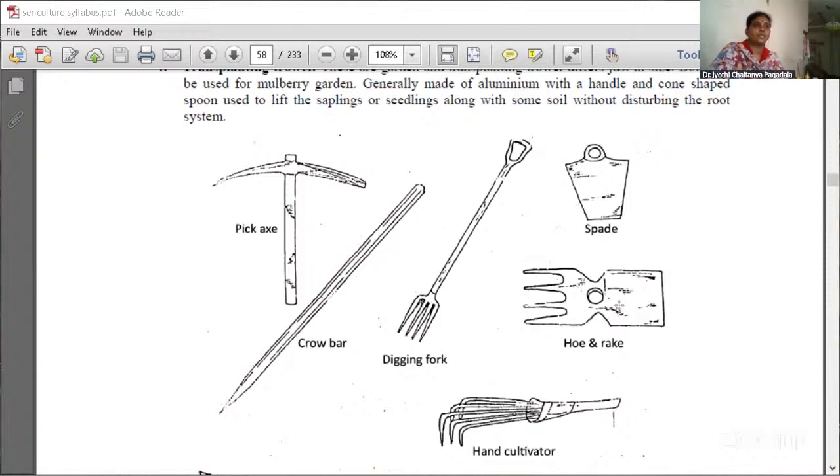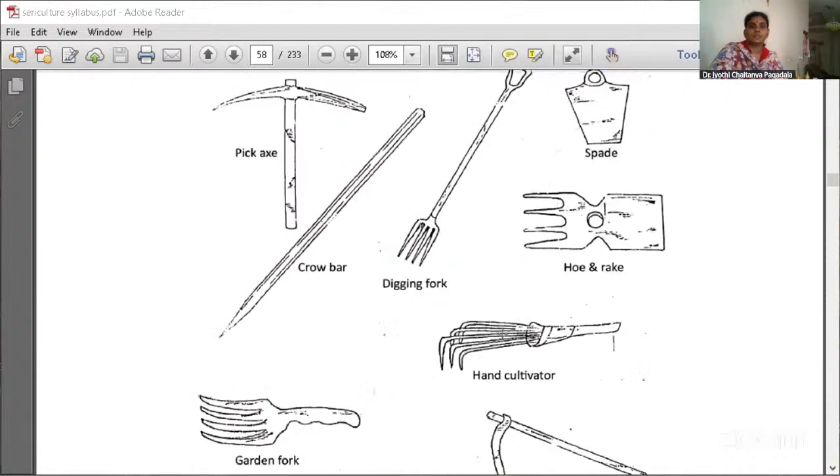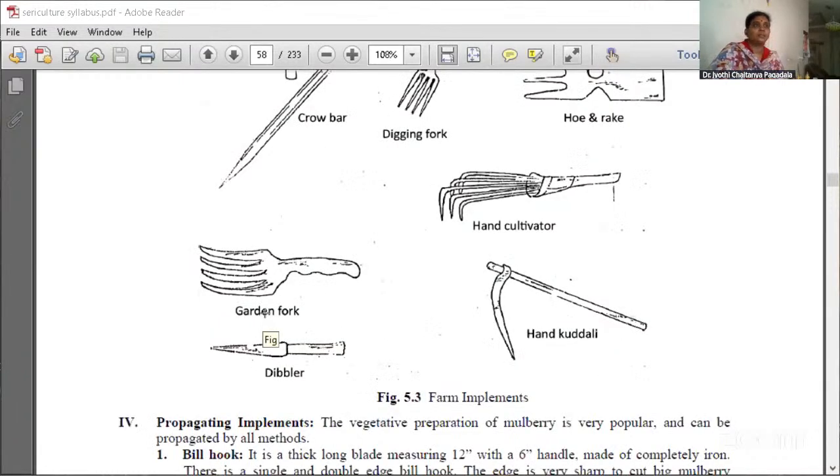And the next one is the garden fork. Here it is. It is cast iron, or sometimes aluminium, with four pointed prongs projecting from a handle. It is used for inner cultivation and loosening.